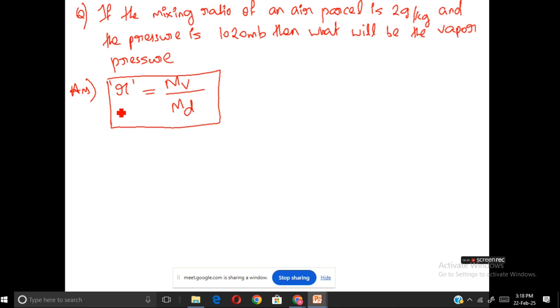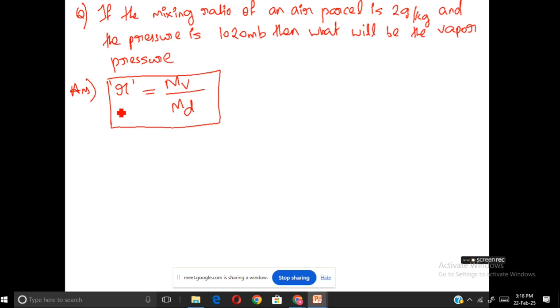So it basically gives you how much water vapor is present for this much kilogram of dry air.